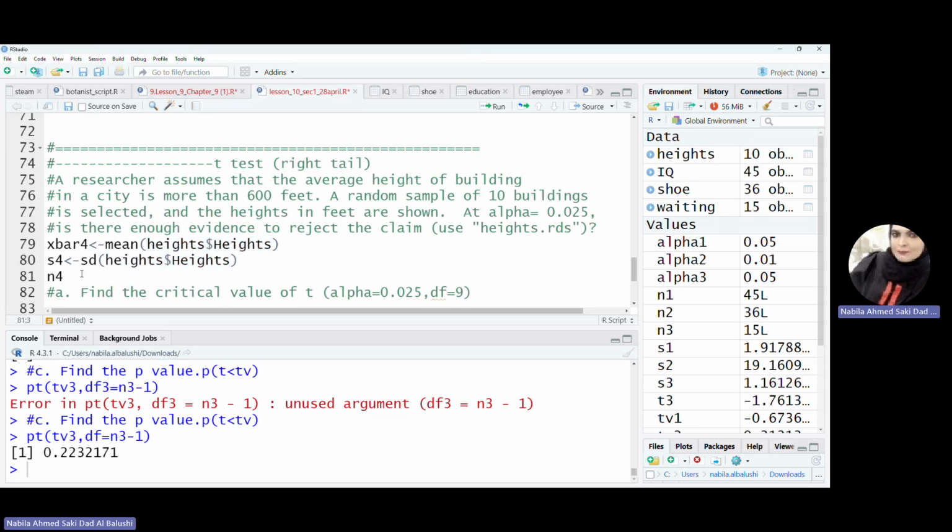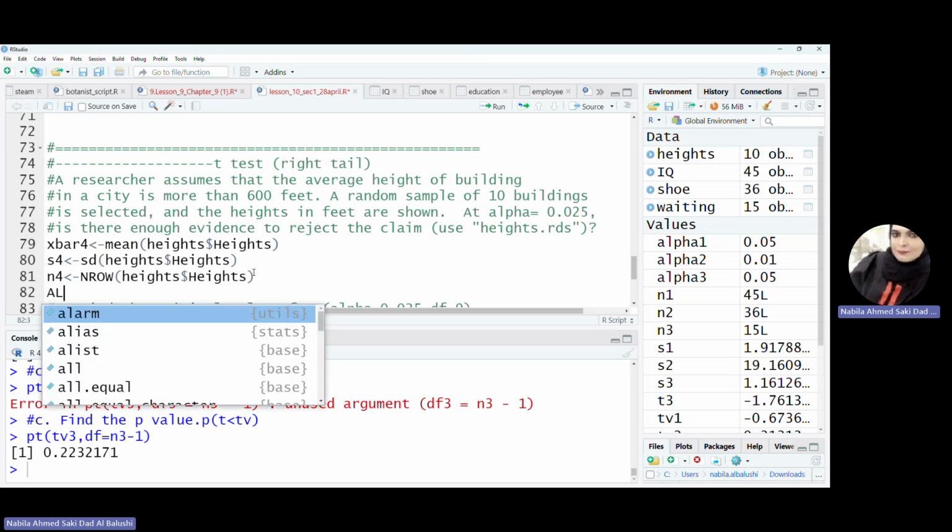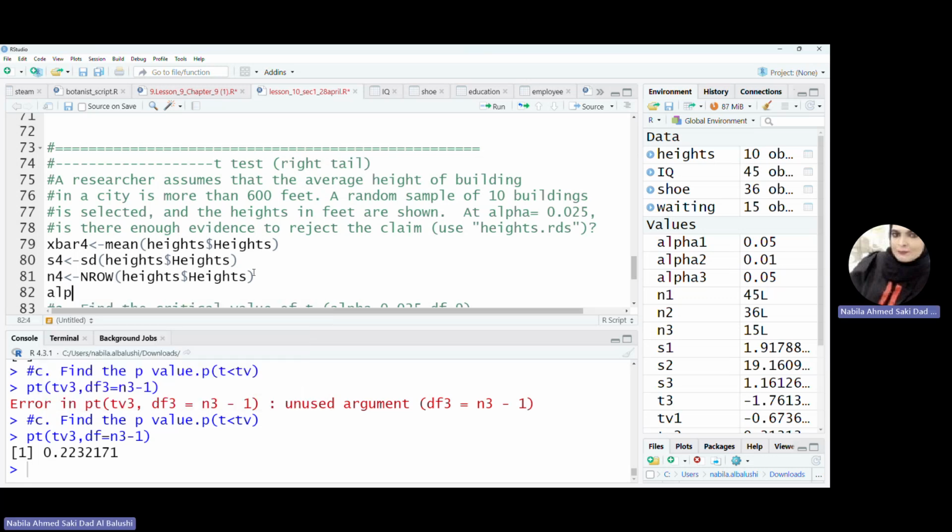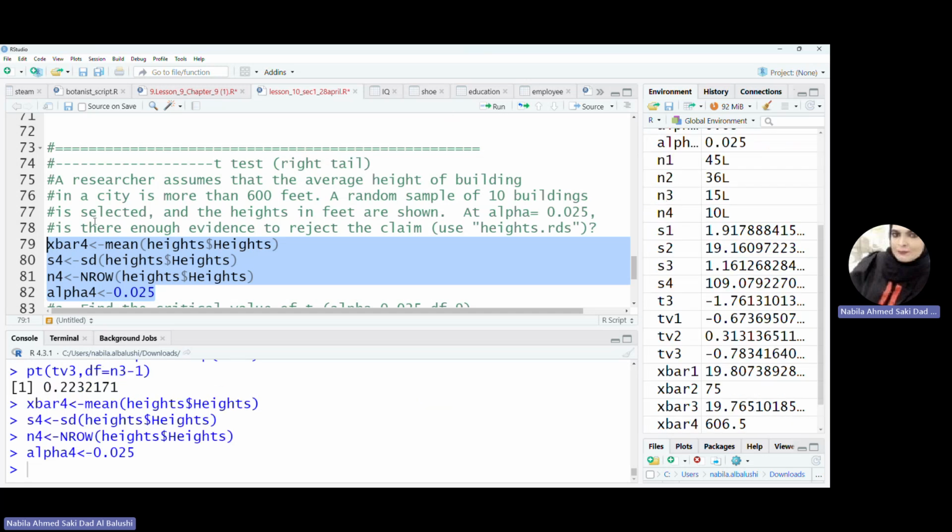The sample size, we save it as N4. The command is nrow, heights dollar heights. And alpha, given in this problem, is 0.025, so I'll save it as alpha 4, 0.025. I'll run all the code together so that everything is saved in the environment.